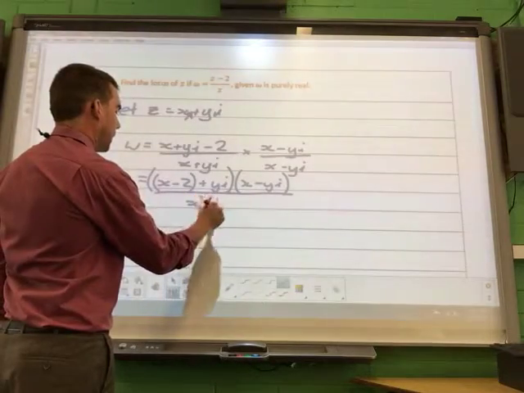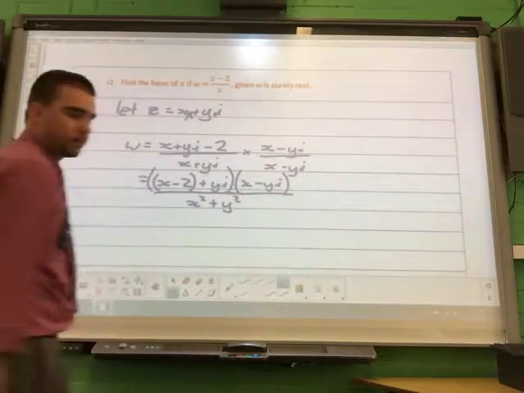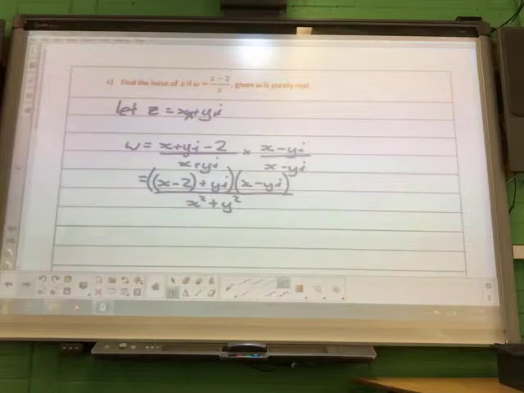Okay, x squared plus y squared on the bottom, when you expand that out.